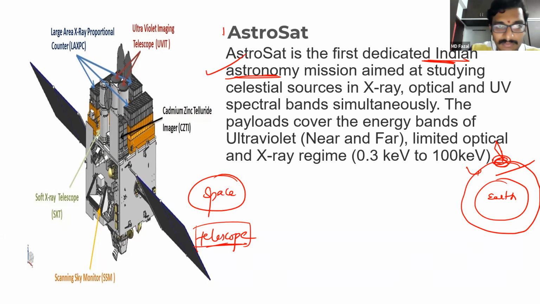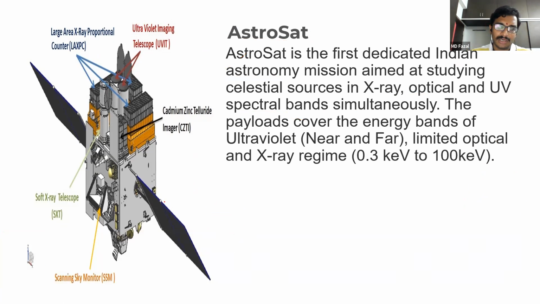The very specialty why we have focused on this is it has all three measurements: X-ray, optical, and UV spectral bands. You may feel it is something very new, but what is happening here is the mission is able to get images in all three spectral bands.